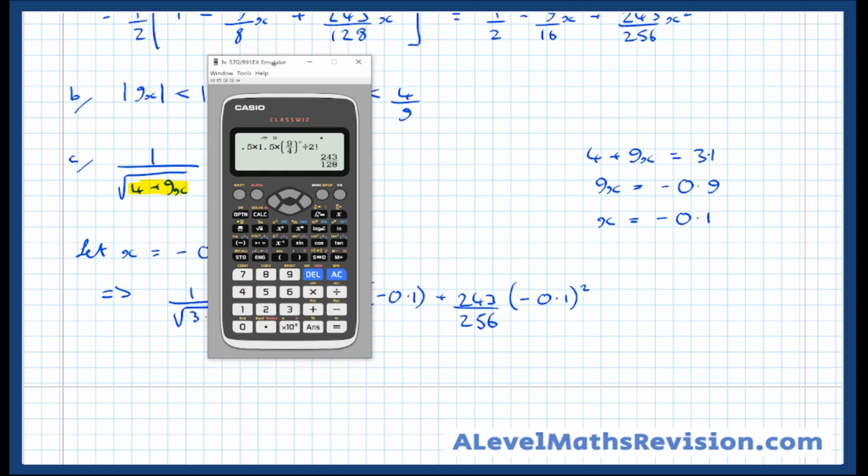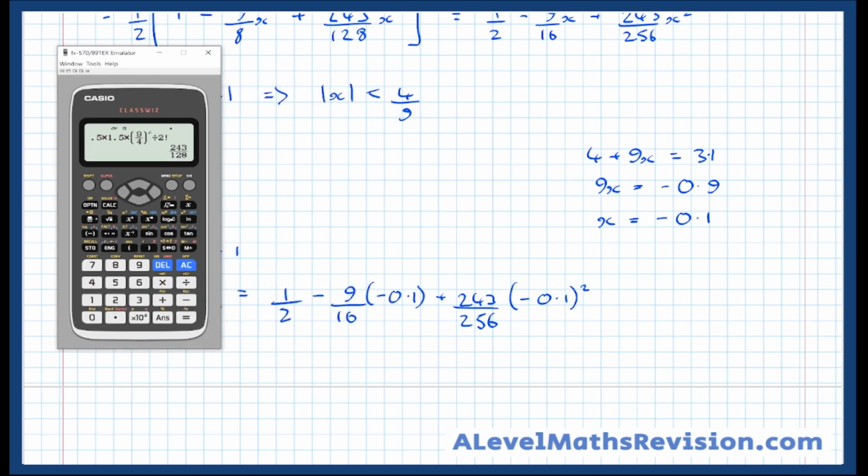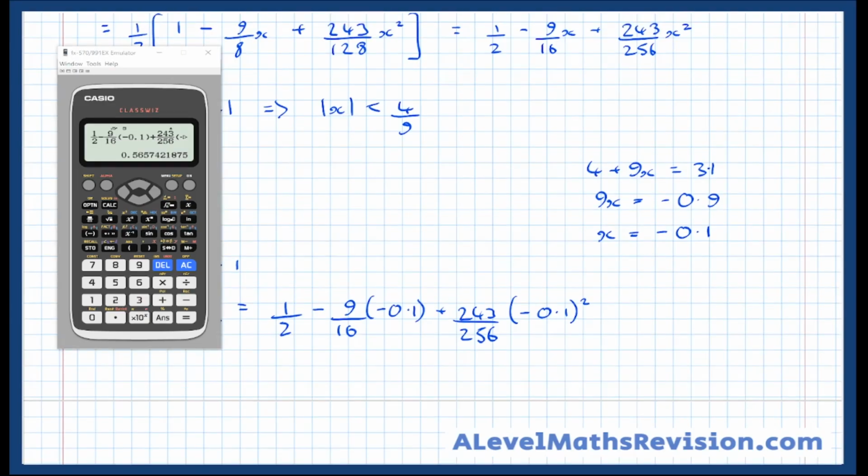And equals, well, 1/2 minus 9/16 of minus 0.1 plus 243 over 256 of minus 0.1 squared equals 0.5657.